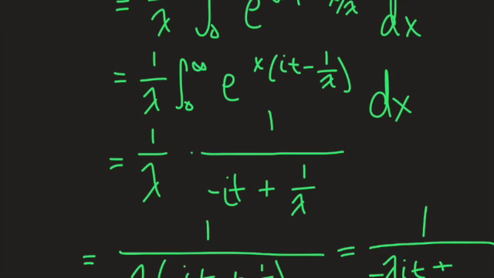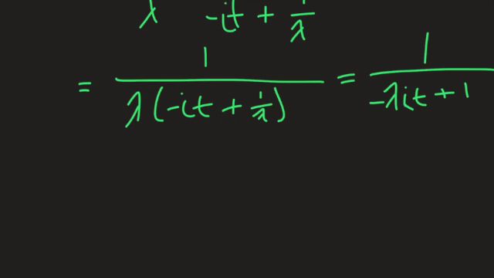I can simplify even further to this. And since it's under 1, I can go ahead and put it with a negative 1 exponent instead of having it as a fraction.